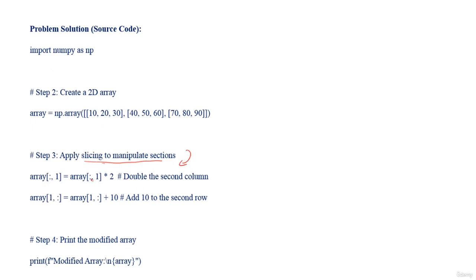So this is actually slicing colon comma 1 comma and colon. There is no starting value and then ending value up to the end. Add 10 to the second row. Multiply means double the second element. So this is actually slicing, but advanced slicing, to get a subarray, the specific array you want to get.